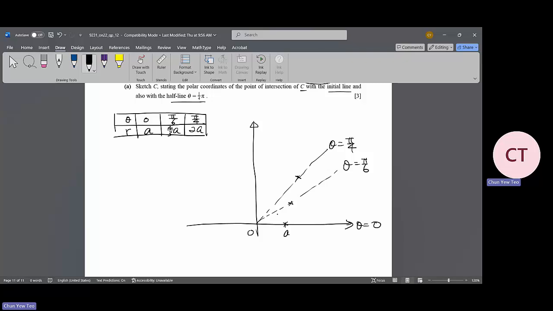If you divide theta into pi over 12, or divide it into more detail, then you can plot the graph more accurately. But since we only have 3 points over here, we have to be careful.